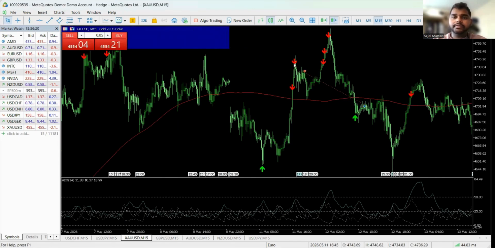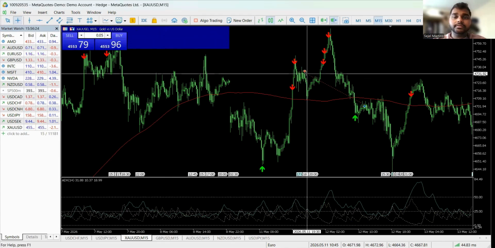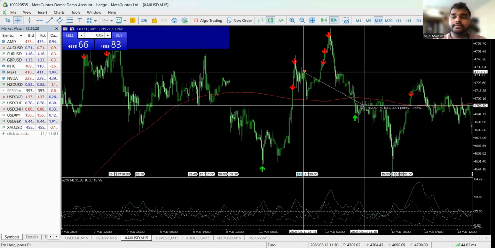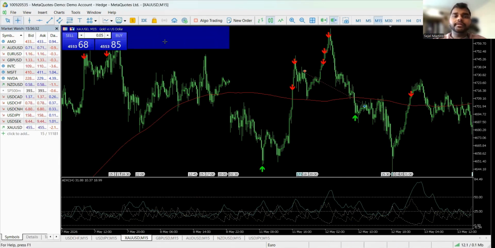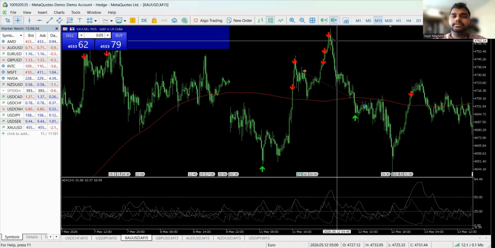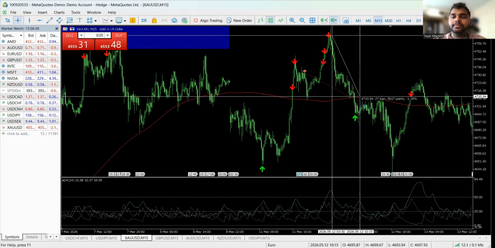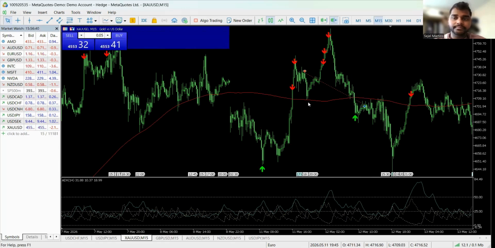I took a sell over here. I think I saw some resistance over here, took a sell, and then closed the trade over here with around 300 pips of profit. I should have waited for it to go to this resistance, then maybe taken a sell and closed it over here, maybe with 500 pips of profit.